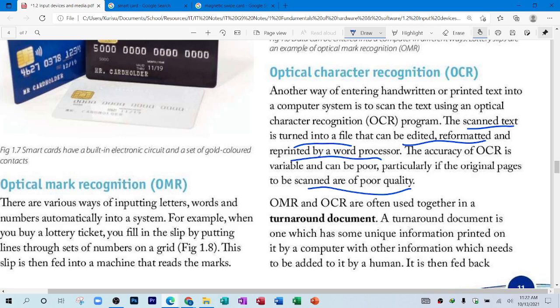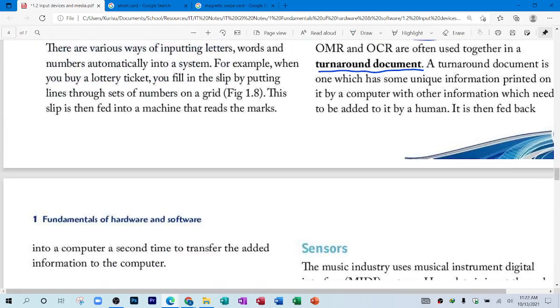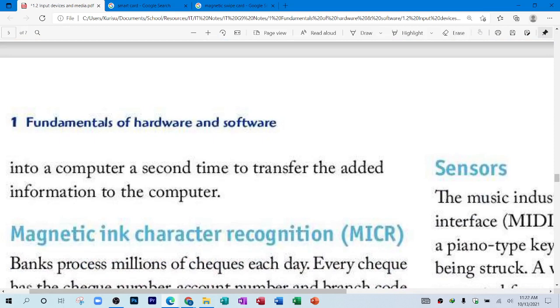OMR and OCR are often used together in a turnaround document. A turnaround document is one which has some unique information printed on it by a computer with other information which needs to be edited by a human. It is then fed back into a computer a second time to transfer the added information to the computer. Very good.